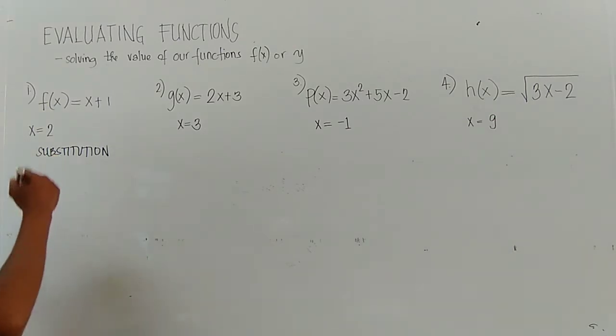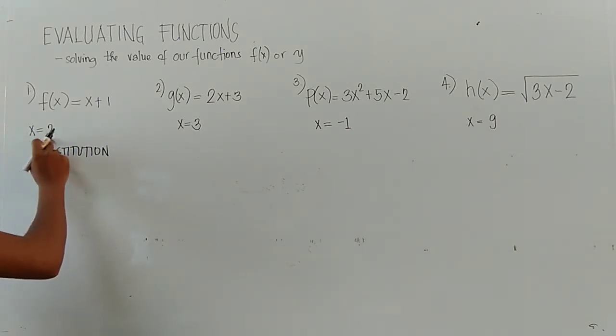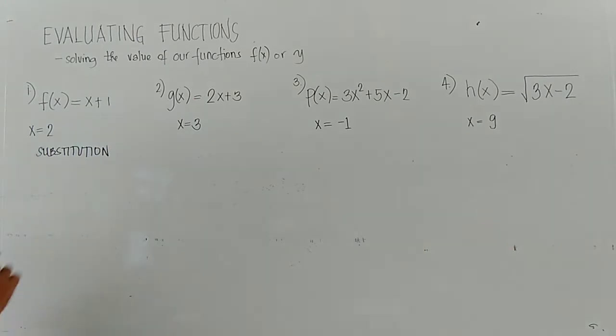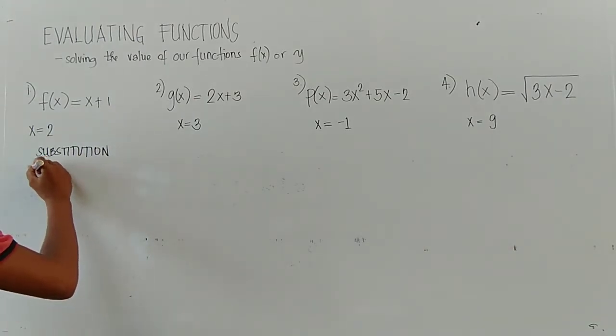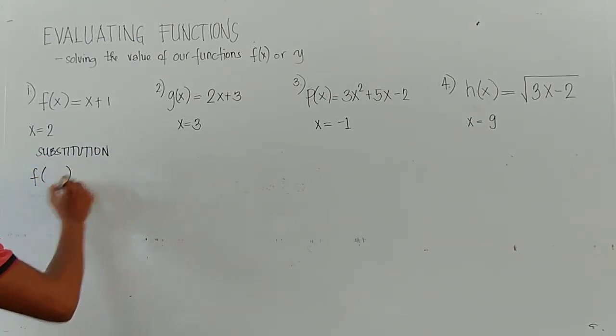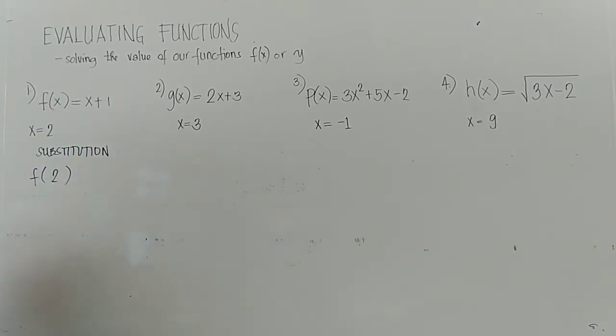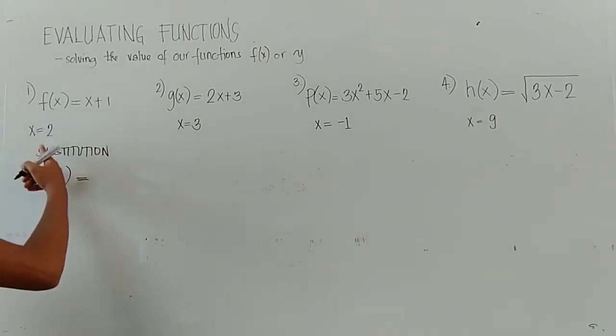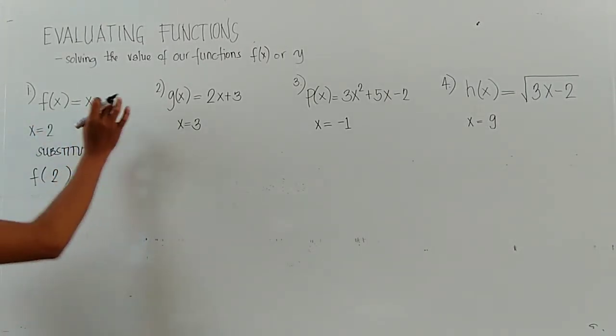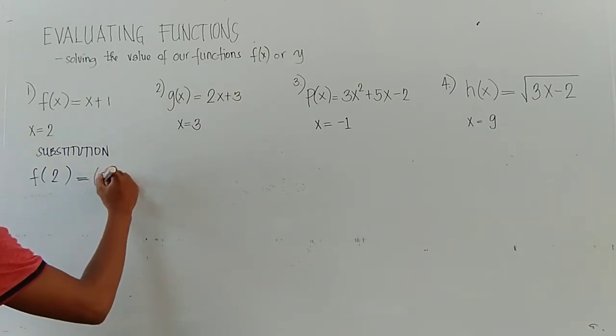Okay. Substituting the value of x or our input on the given function. So x is equal to 2, so input or substitute 2. So all the values of x on the right side will be equal to 2.